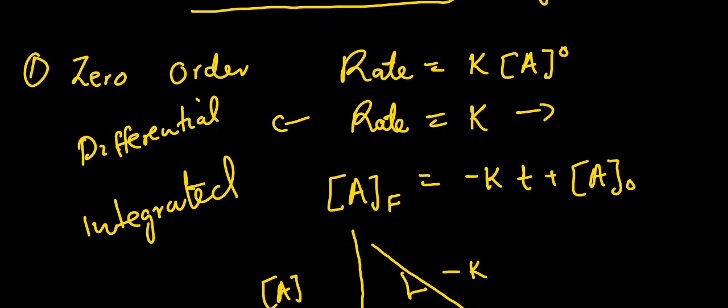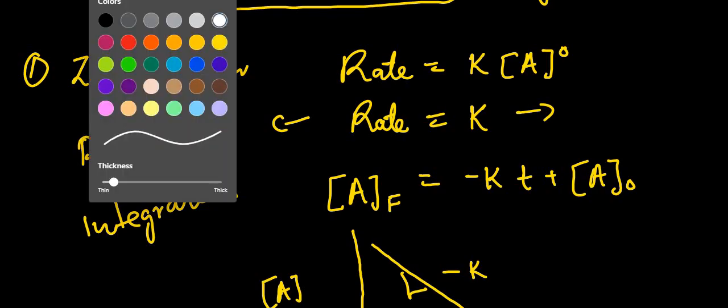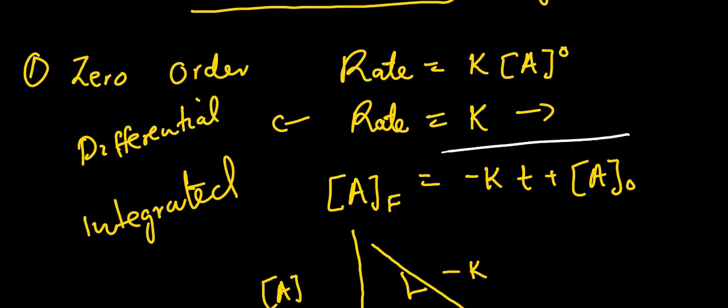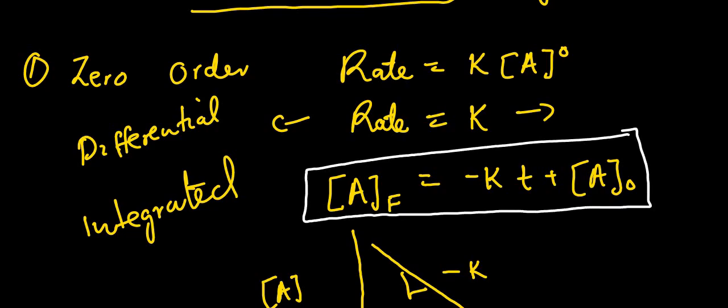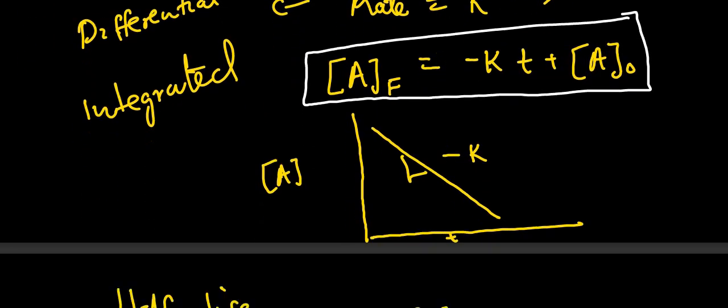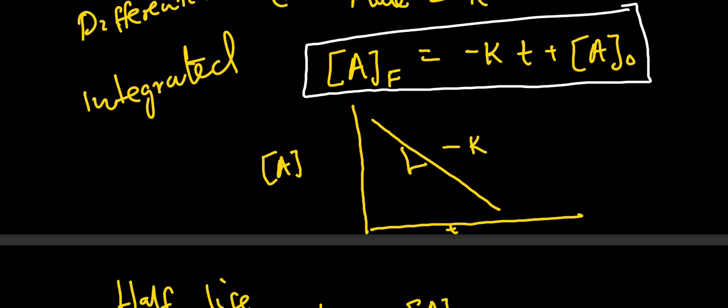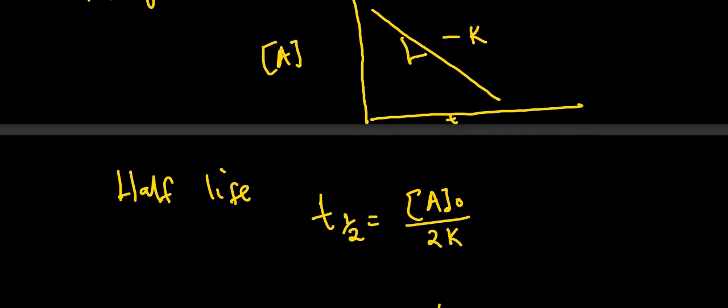Then the formula we'll be needing for our calculations is the integrated rate law, which shows the relation of concentration with respect to time, and it also explains why a zero order has a negative slope if we plot the concentration against time. And the half-life of a zero order reaction is simply the initial concentration divided by 2 times what? The rate constant.